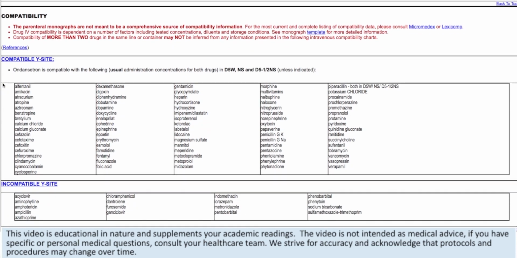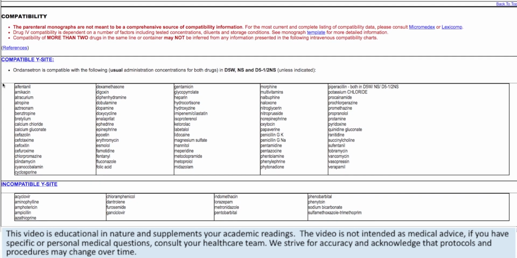If your patient has an IV infusing and you are administering this medication through the same line, or would like to administer it through the same line, you need to look to see if it is compatible. So for the purpose of this demonstration, let's imagine our order was for IV ondansetron and your patient has an infusion of furosemide already running.